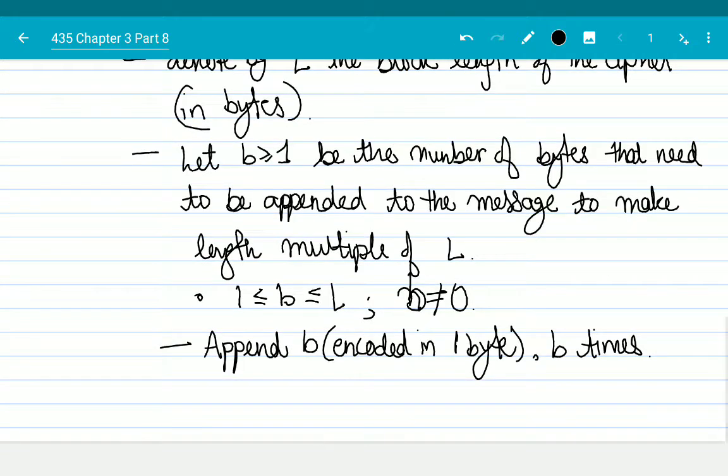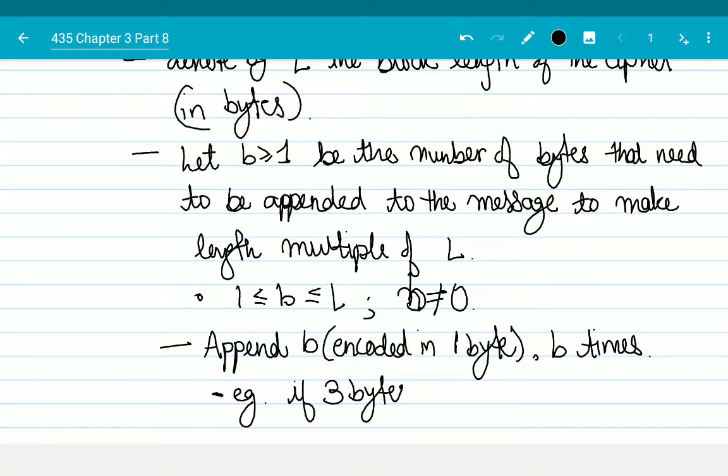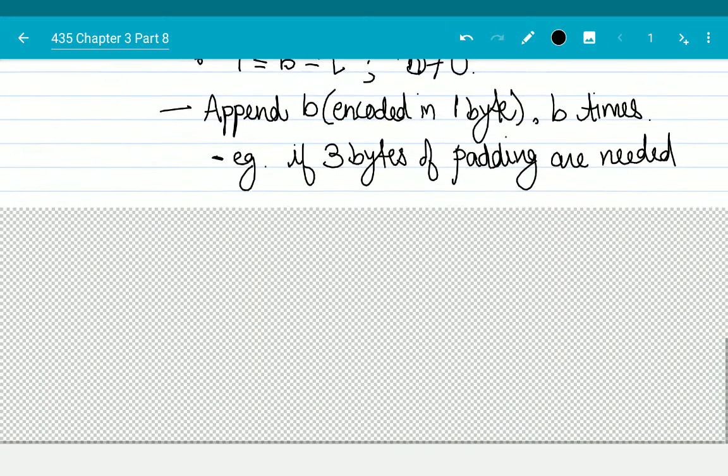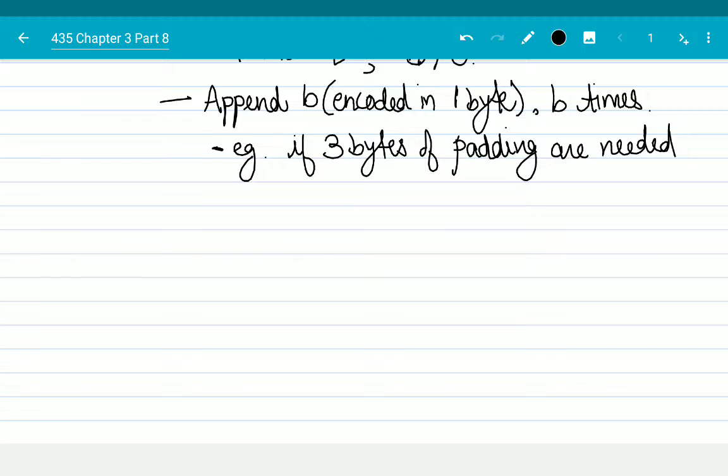For example, if 3 bytes of padding are needed, then we should append 0x 03 03 03.